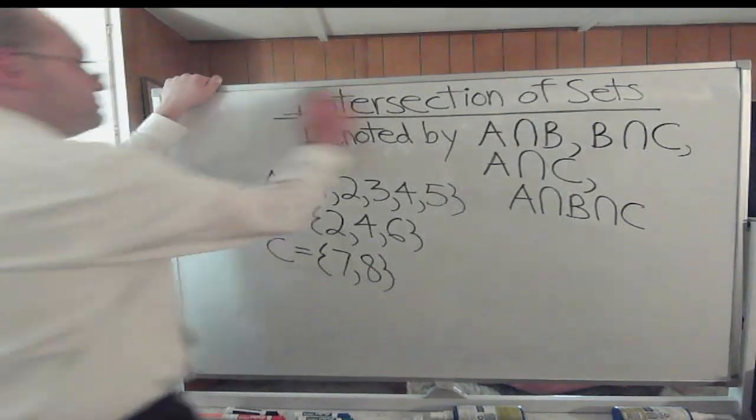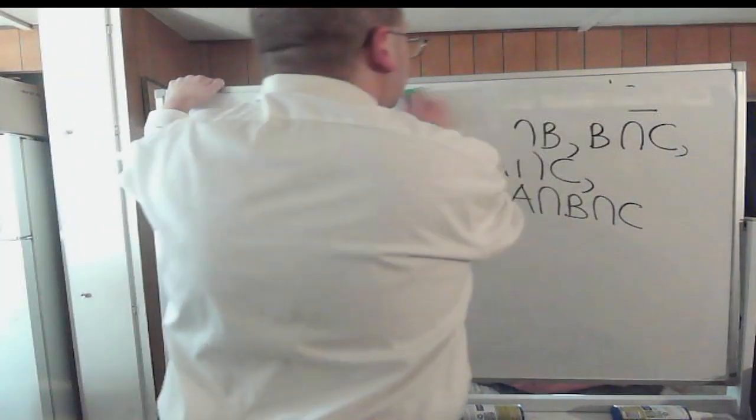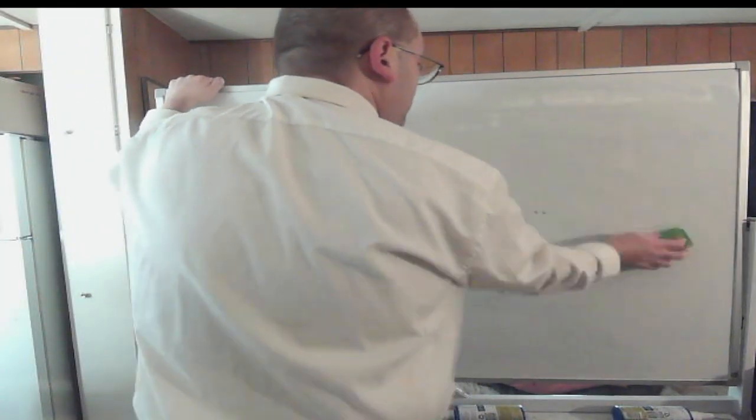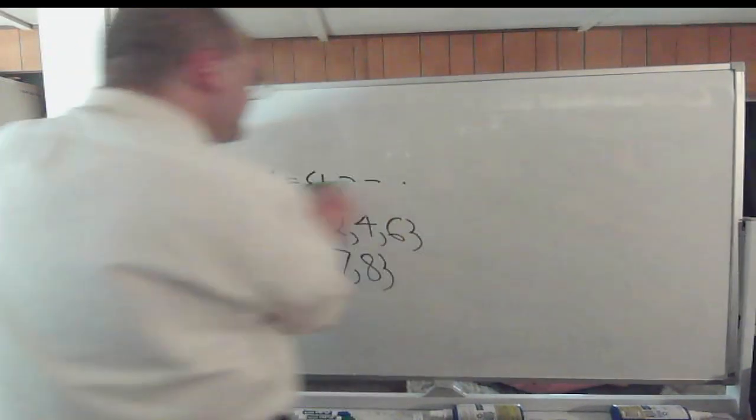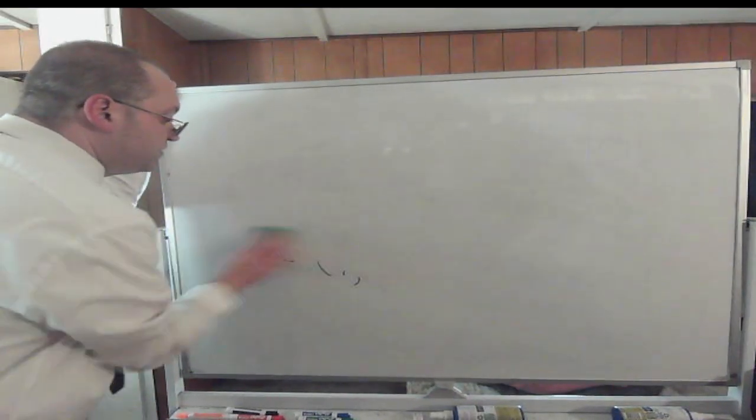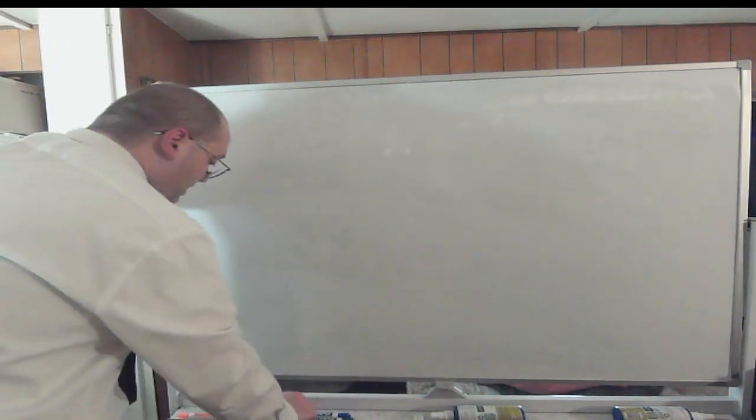Okay, so that's pretty much the definition of intersection. Now we're going to do 6 problems with intersections. We're strictly going to deal with intersections for these next 6 problems.